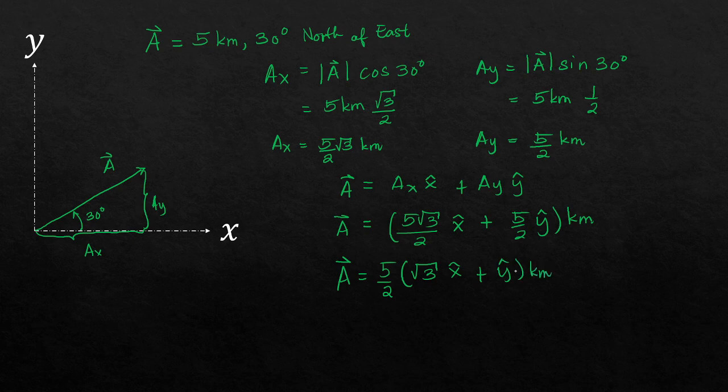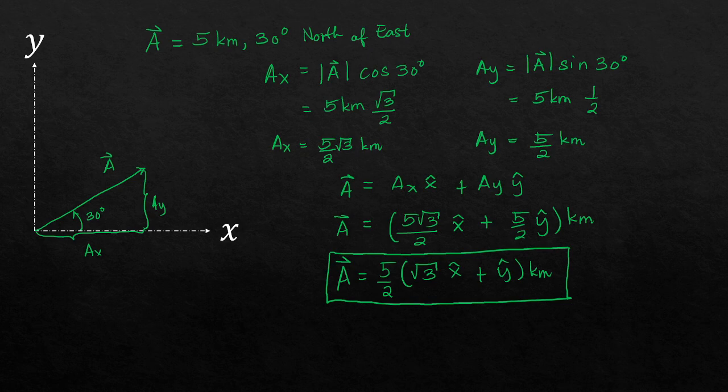So this is now the unit vector form of our previously Cartesian vector. Okay, I hope this is clear.